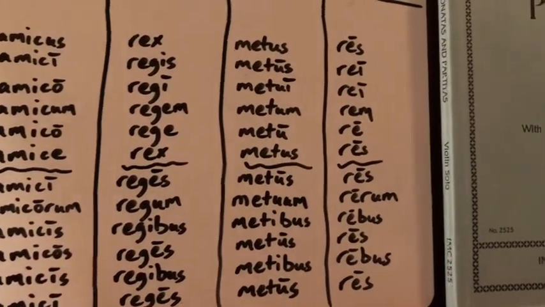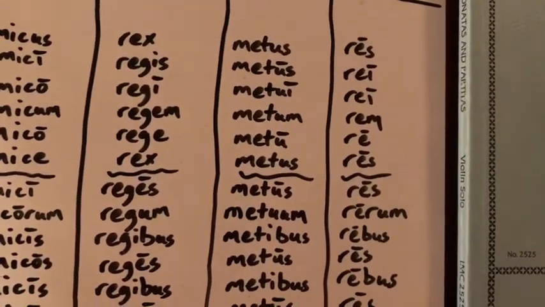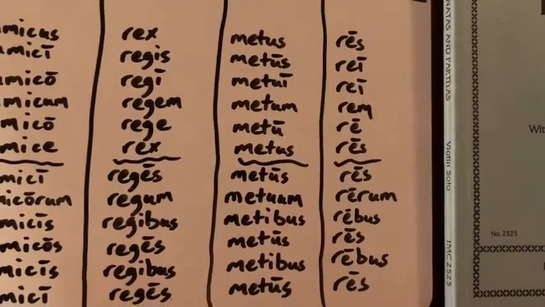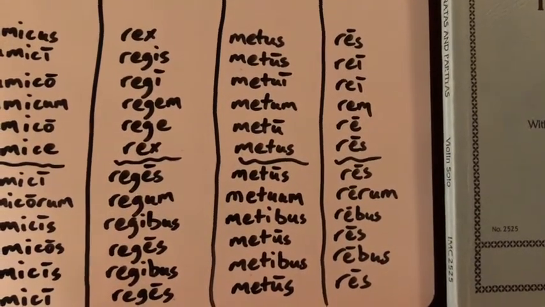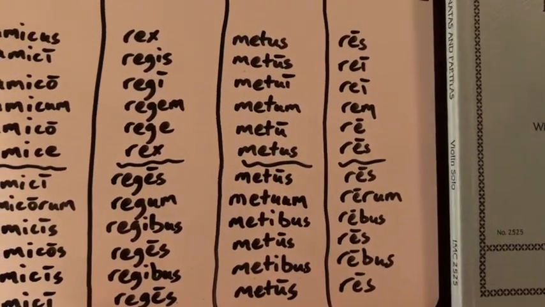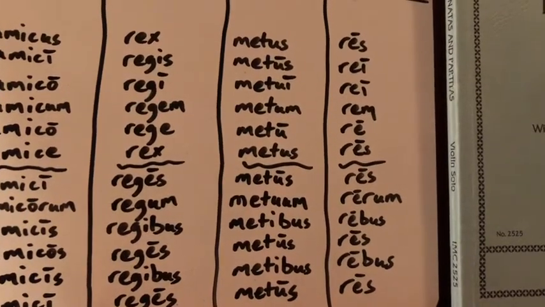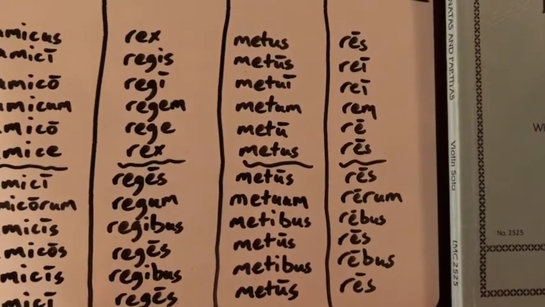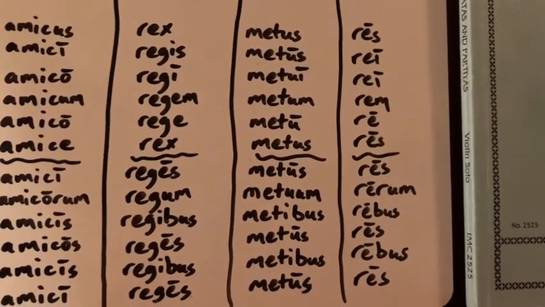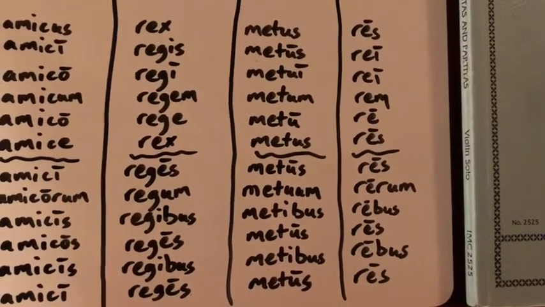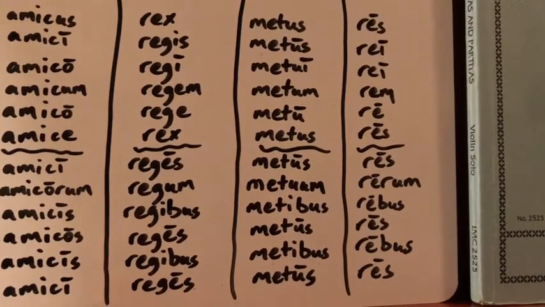Fourth and fifth declension, these two are not quite as common, but you still need to know them. There are some important words that belong to these declensions. But fourth declension can be recognized by that long us in the genitive. Okay? So this is going to be us, us, ui, um, u, us, uum, ibus, us, ibus.